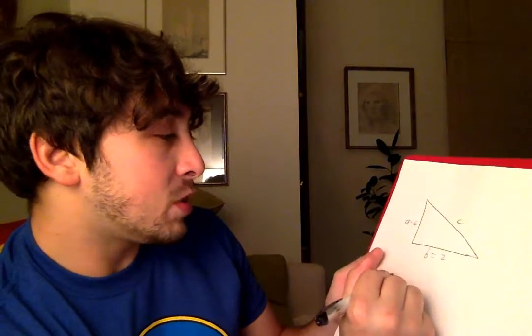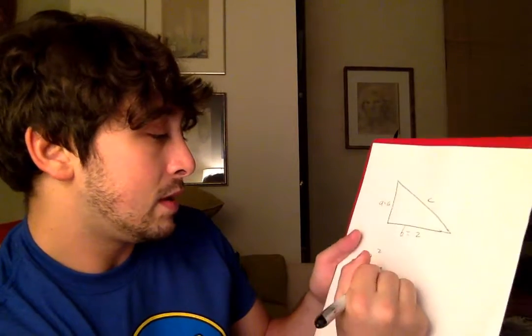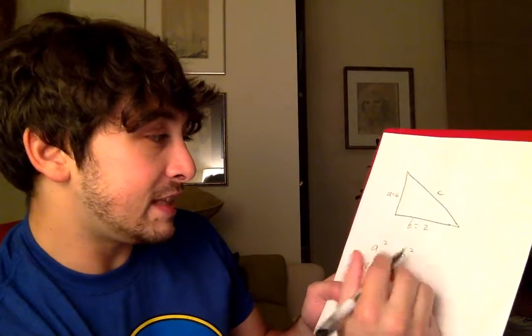This one, unfortunately, won't be quite as clean as our last one. Knowing these values, we can figure out what C is equal to. So we have A squared, which is 6 squared, plus B squared, which in this case is 2 squared, equals C squared.